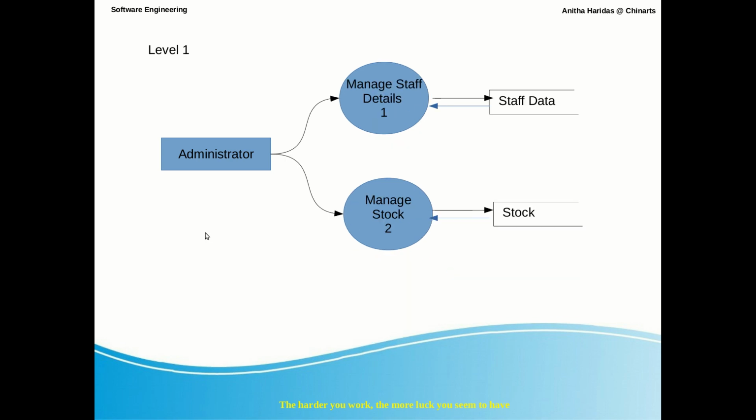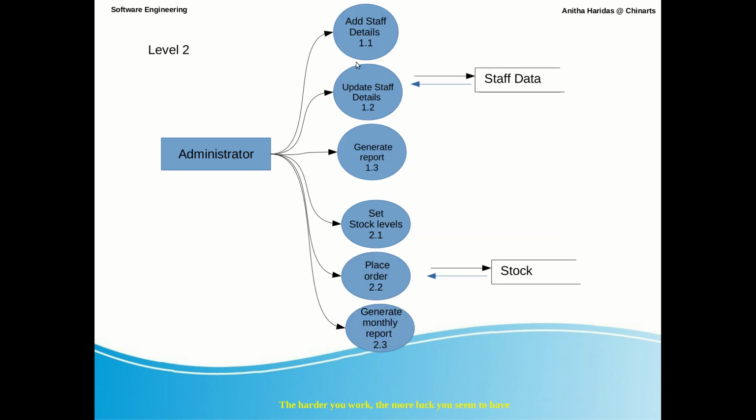Now when you see here, I have given manage staff details as number 1 process. When I take it to the next level, the number 1 is divided into 3 different sub processes. So I have numbered it as 1.1, 1.2 and 1.3.